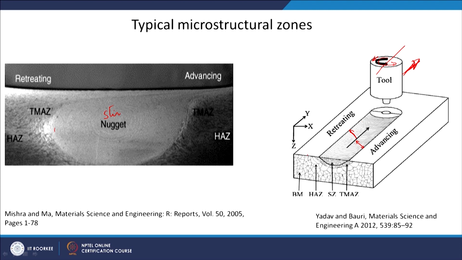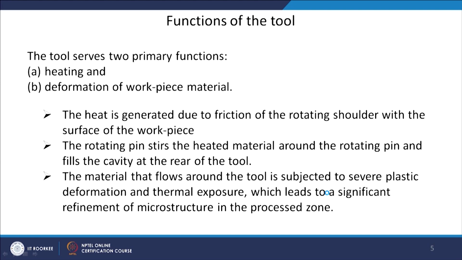Another very nice schematic is shown here for the different microstructural zones. Now, the function of the tool we have already discussed. It serves primarily two functions, heating and deformation. Heating is primarily through friction between the shoulder and the workpiece.